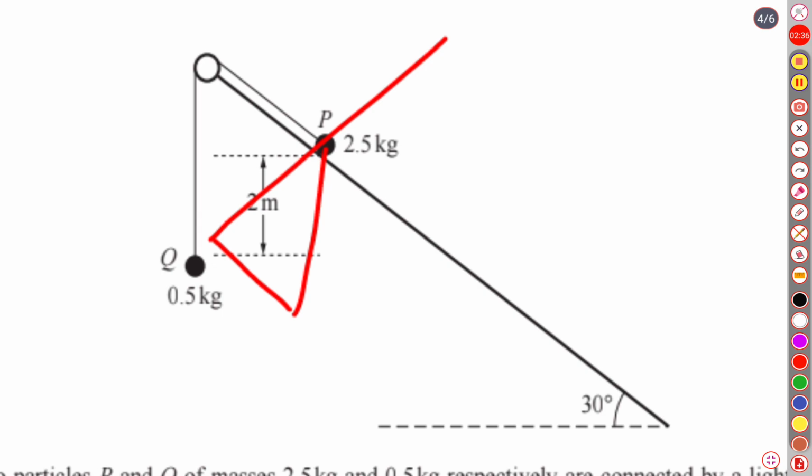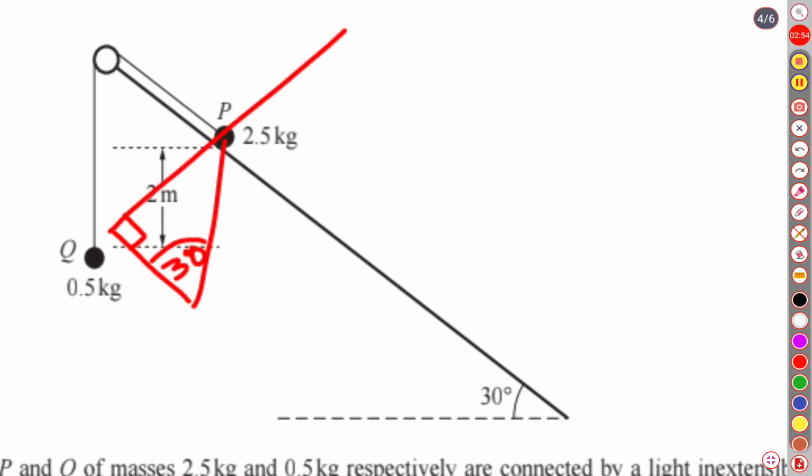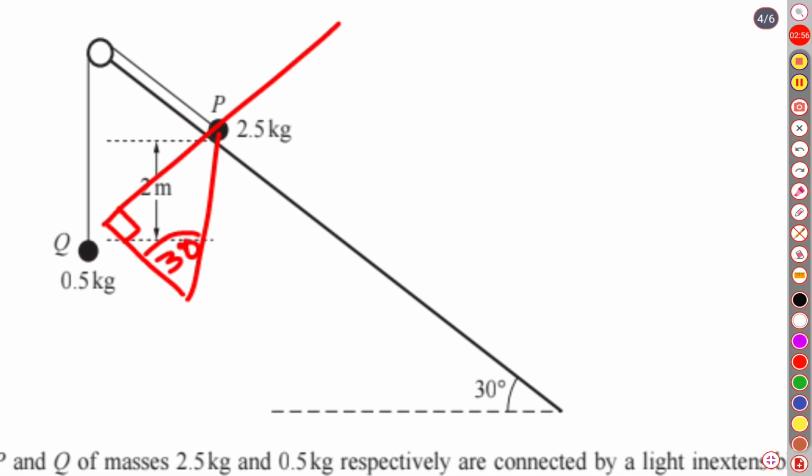So this is 90 degrees and the angle is 30 degrees. Here is the particle.